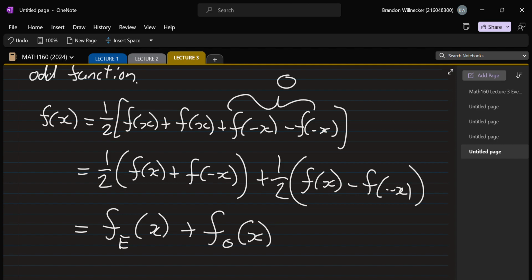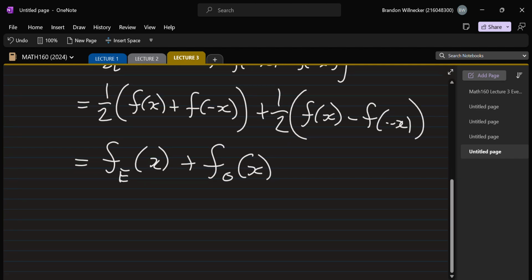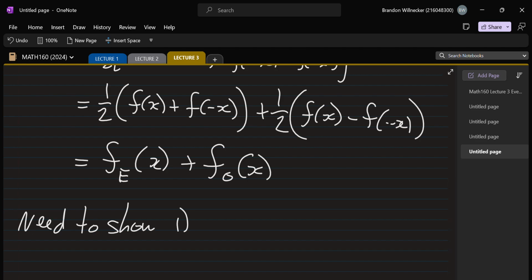So in the end, what do we get? We get f of x is equal to an even function, strictly even, plus an odd function, which is what we wanted to show. Okay, but we're not done yet. Just because I call it even doesn't make it even. We need to show, number one, that the thing I called the even function is actually even.